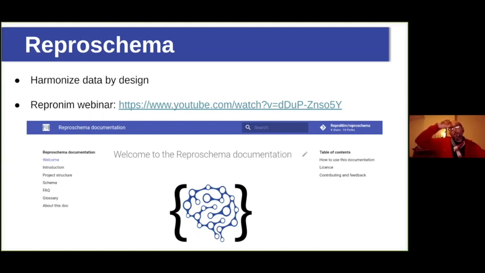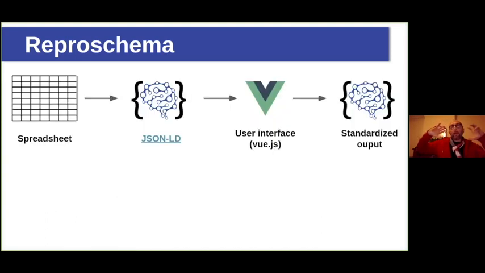If you had to make a flow chart of how it goes, you have your questionnaire as a spreadsheet with an item on each row, for example, and you convert that into a set of JSON-LD files. I'm not going to get into too much detail, but that format is fully standardized, and it is read by a user interface based in JavaScript.